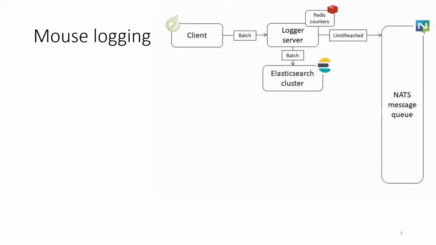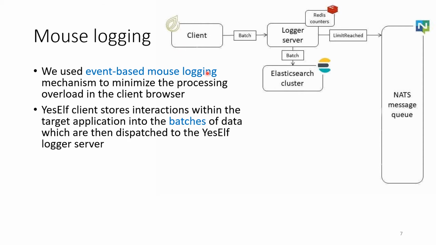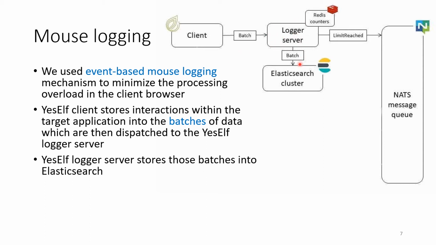So, as I said, we use mouse data to detect confusion. So we implemented a mouse logger that runs on the client side, and it is an event-based mouse logger, which means that we capture all mouse events in a browser, and these are stored on the client into batches, and then these batches are dispatched to the ESL logger server, which stores them into an Elasticsearch cluster.